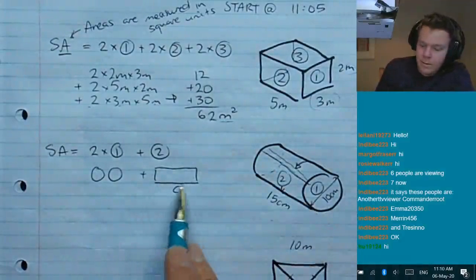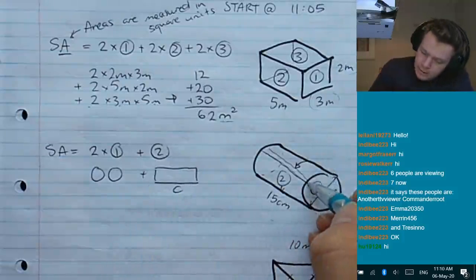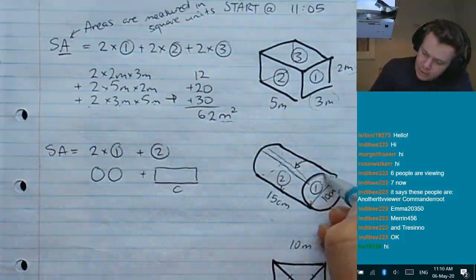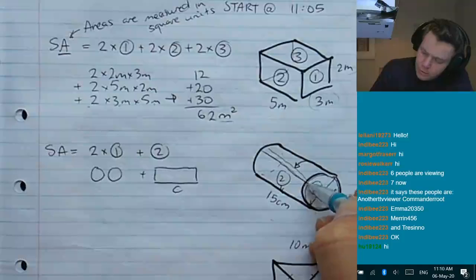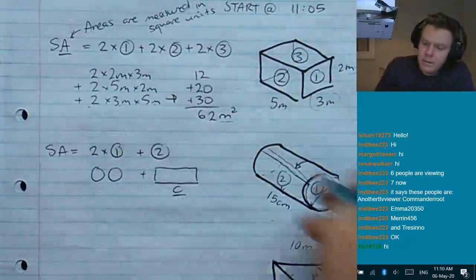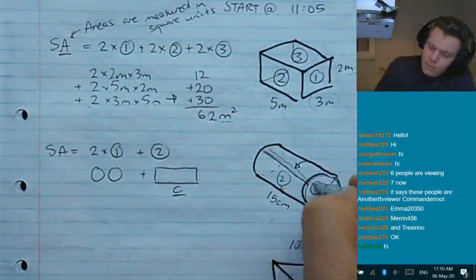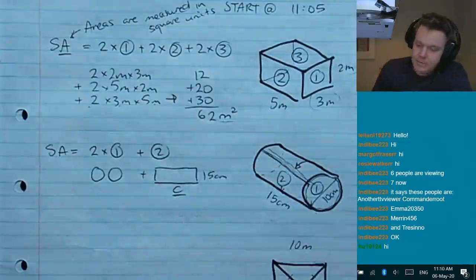When we unroll the cylinder, this distance goes all the way around the circle, so that distance is the circumference, and then this distance this way is 15 centimeters.